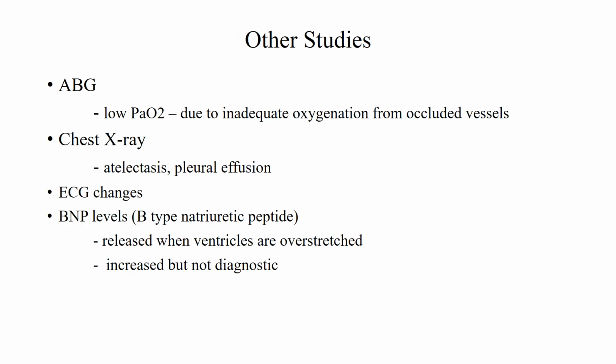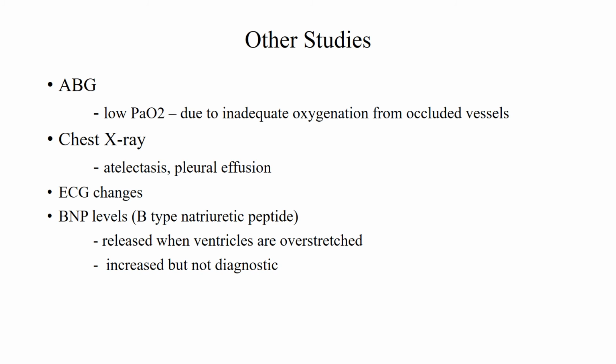Other studies involve ABG, arterial blood gas. We'll expect low oxygen due to inadequate oxygenation from the occluded vessels. There could be an X-ray for the patient, and that may reveal atelectasis or lung collapse and pleural effusion.